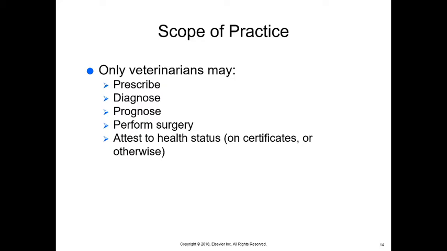You cannot say, oh, he's probably going to be okay, or, oh, he's probably going to get an abscess, or he's going to get a bone infection. You can't say that. Prognosing is making a statement as to how the animal is going to proceed with the disease or get better. You cannot perform surgery. You can't say, well, let me take that nail out and stitch it up for you. That is not within your scope of practice.